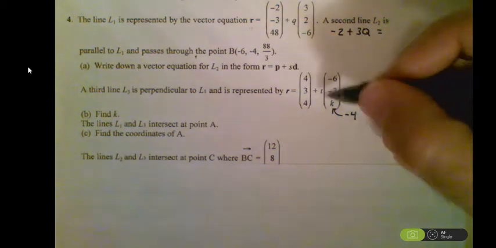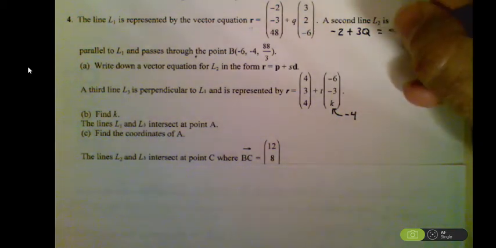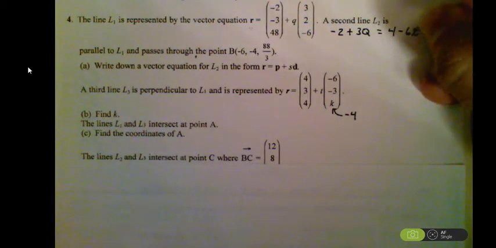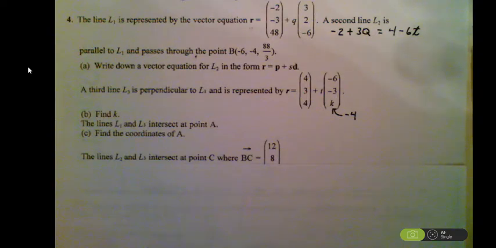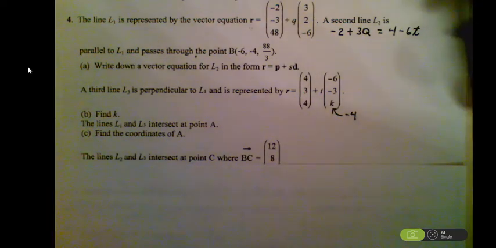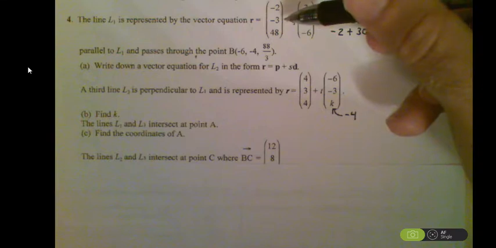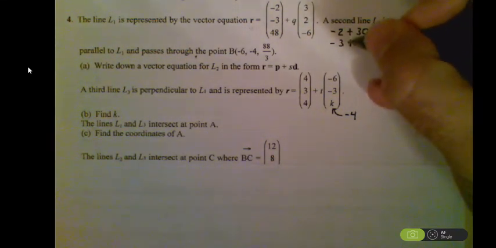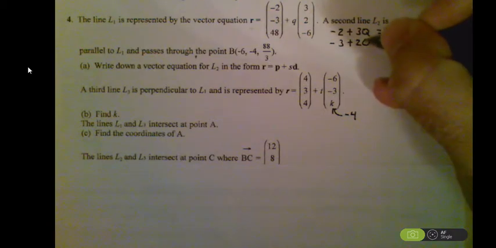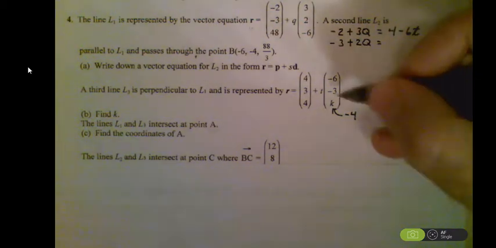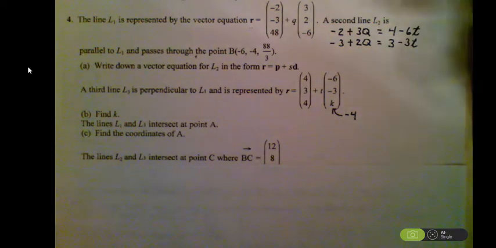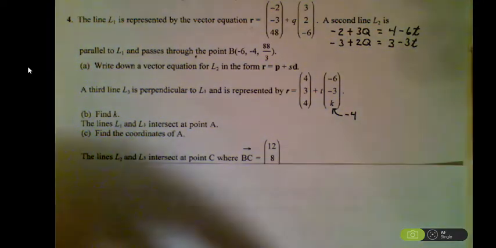So I got my 4 plus -6t. So there's one equation, and then I just need one more. So I have my system of equations. So let's use the middle row, -3 plus 2q. And then I got my 3 minus 3t. So there's our two equations, and we just solve that like any system of equations.